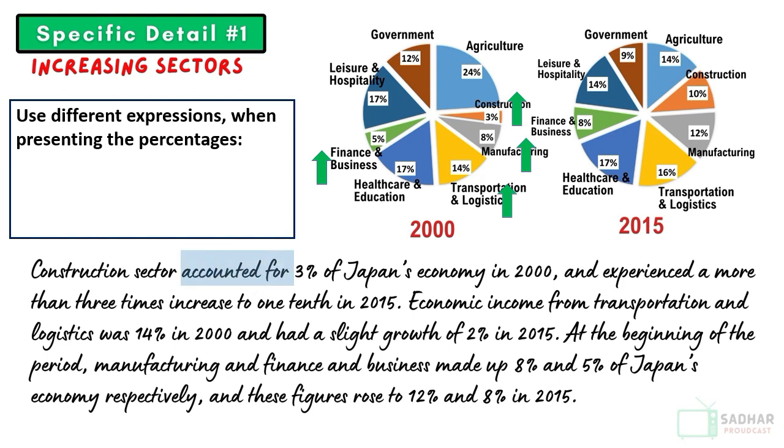In this case, first I wrote accounted for, and then the next one I simply put to be, which is was. Anyway, they are different. The next one I wrote made up. Okay, so 3 data written in 3 different expressions.